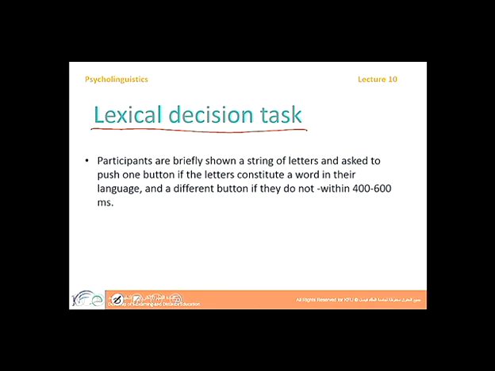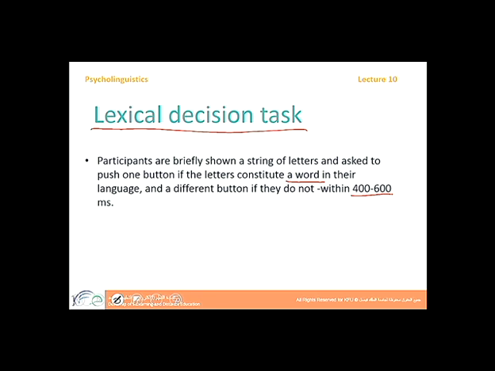And then we ask them, is this a word or not a word? And we ask them to judge whether this is a word or not a word within 400 to 600 milliseconds. So ideally they will have a joystick, maybe like this, or a keyboard.